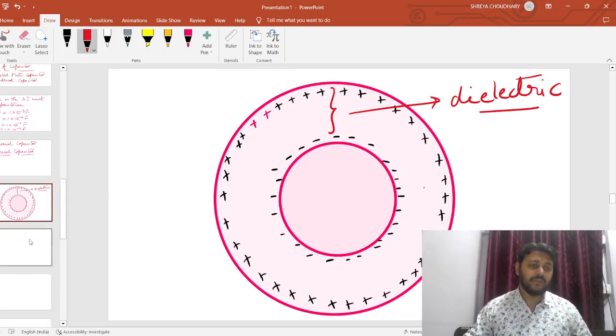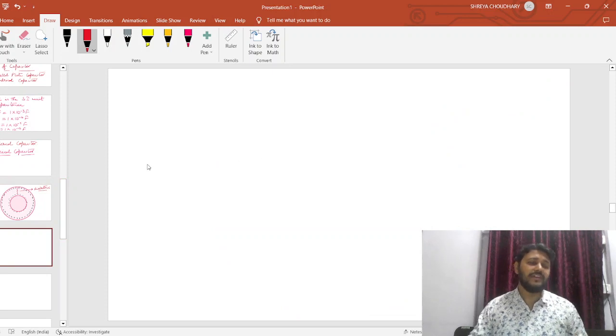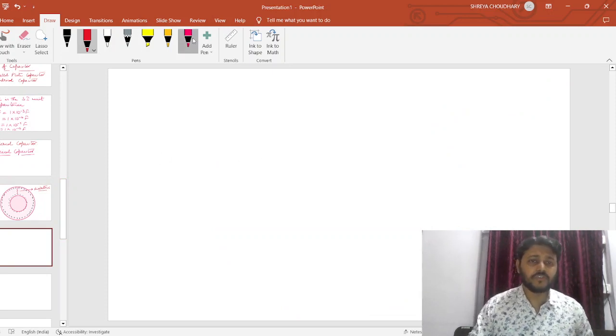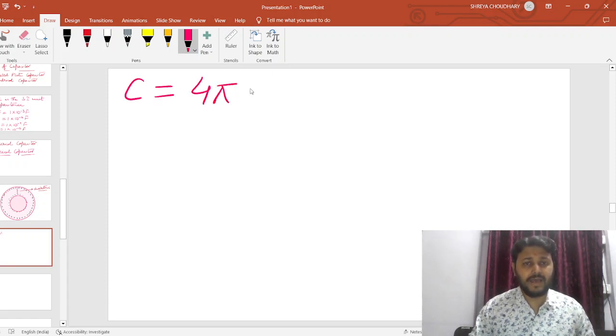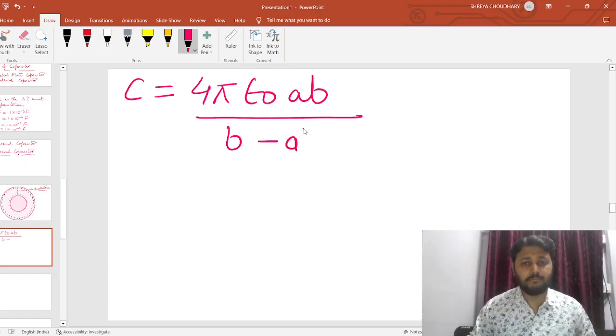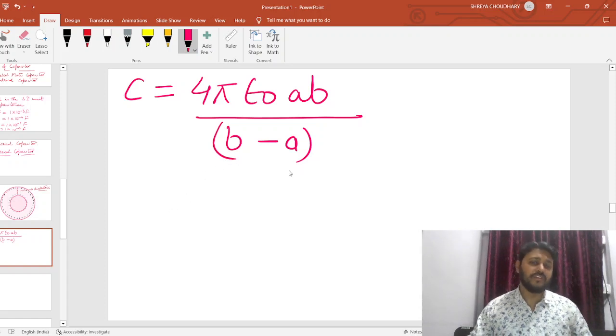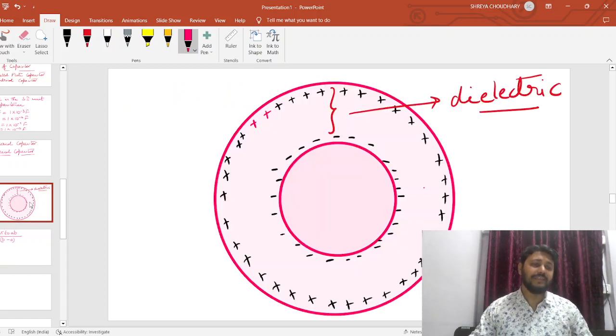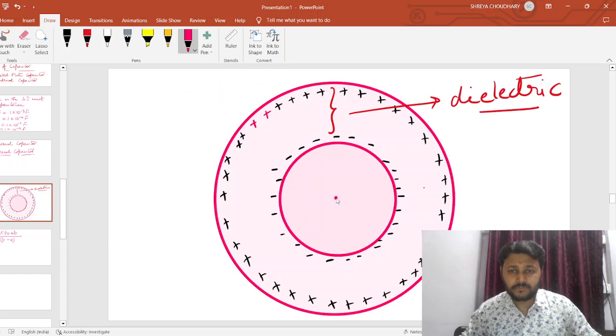So what will be the value of such a capacitor if we have a spherical capacitor? The value of a spherical capacitor is 4 pi epsilon naught AB upon B minus A. So what is your B and what is your A? Let me mark in the diagram.